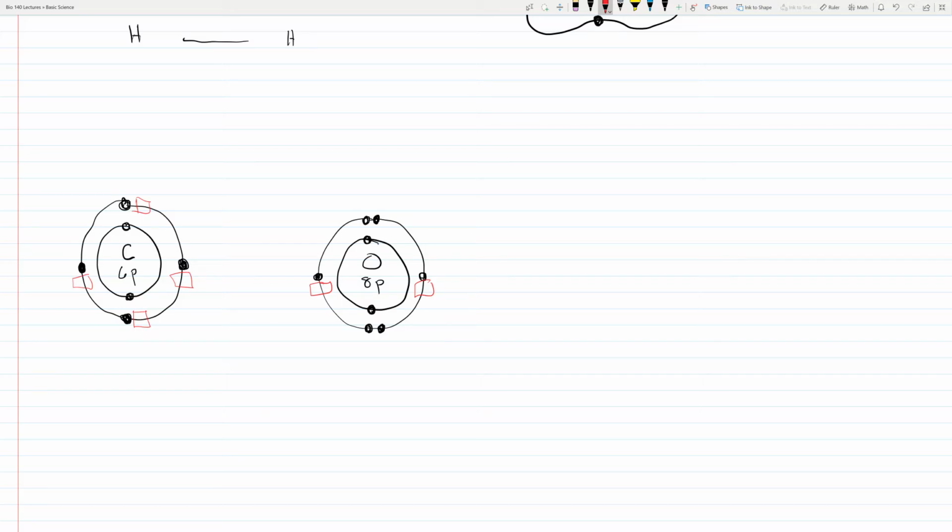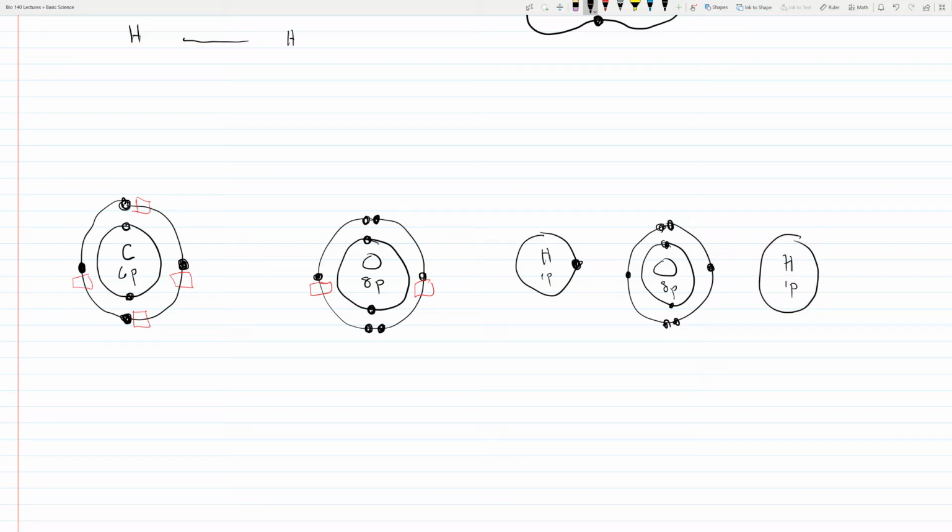One of the most common covalent bonds that we're going to see is hydrogen and oxygen making water. If I draw oxygen again, 8 protons, 2, 3, 4, 5, 6, and then I have hydrogen with 1 proton out here, and hydrogen with 1 proton out here.